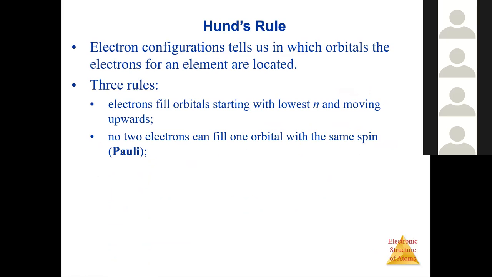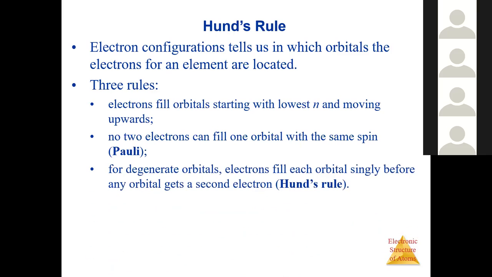That has to do with Pauli's rule on no 2 electrons having the same quantum numbers. If you have degenerate orbitals, the electrons fill each orbital singly before any orbital gets a second electron, and they all fill with the spins going in the same direction.